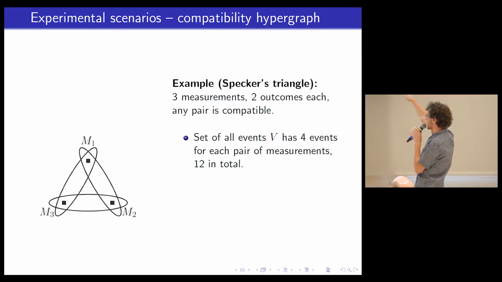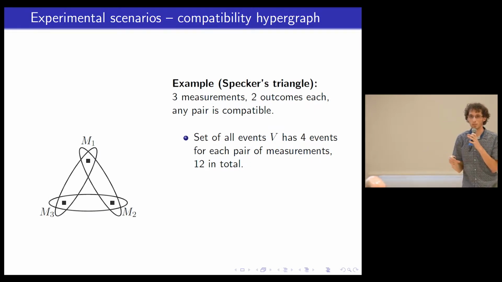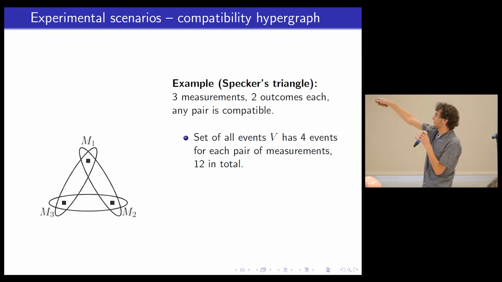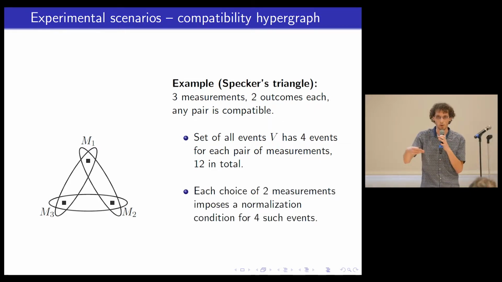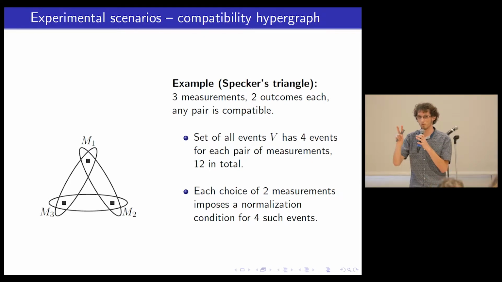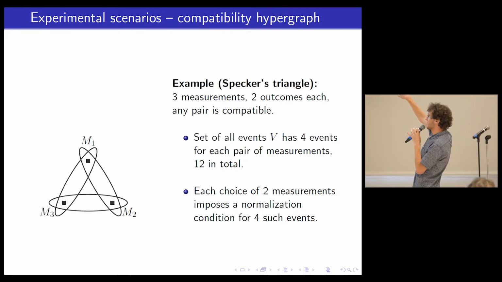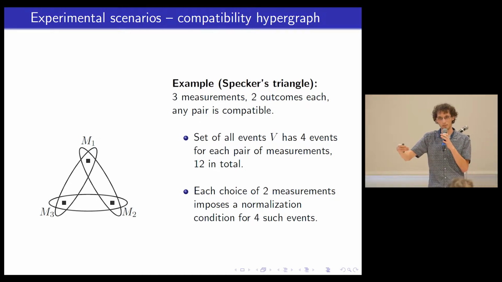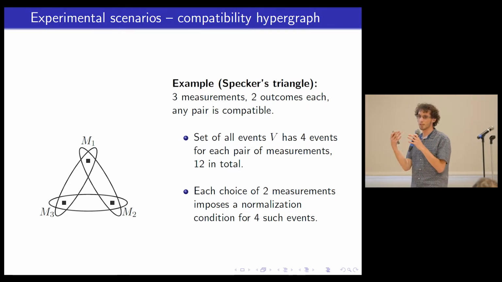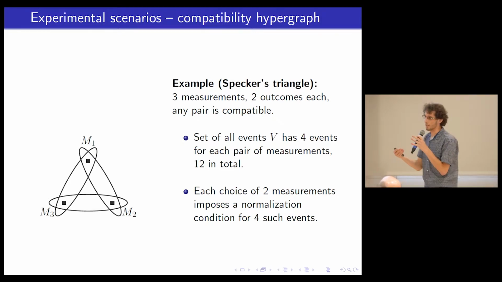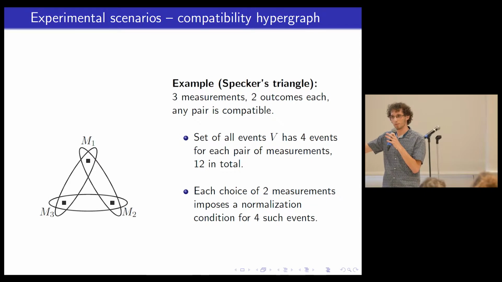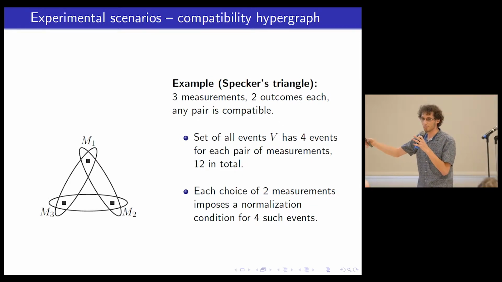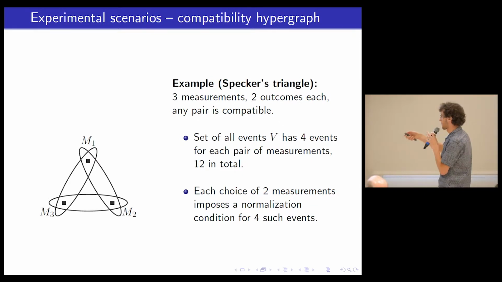So in total, we will have 12 possible events, because we have 3 pairs. And now, every choice of 2 measurements, so every choice of a sequence of compatible measurements, will yield a certain normalization constraint. The normalization will be that summing the probabilities of all the possible outcomes of that sequence of measurements is just going to be 1.